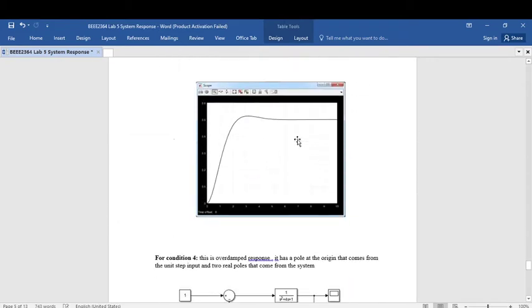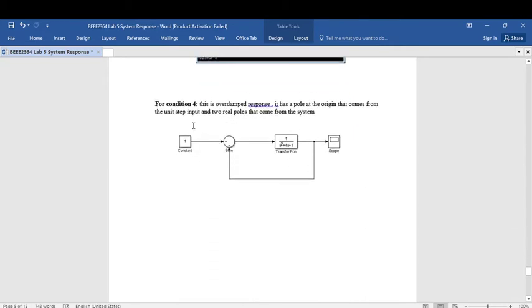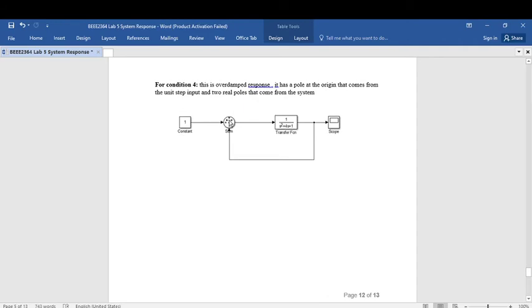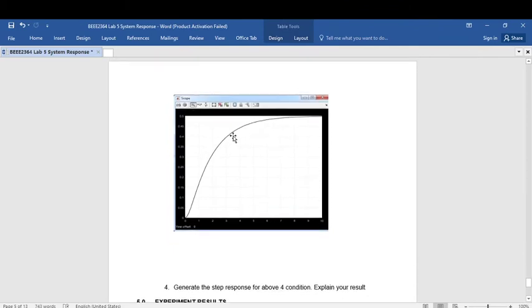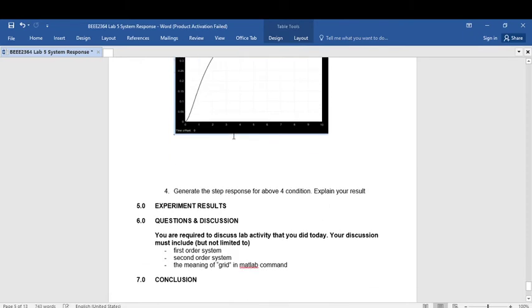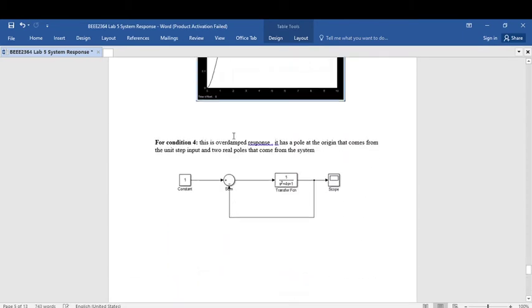So we have the graph that shows the critically damped response, and for condition 4, we have 4 milliohm. So we insert it in the simulation model, and we show the overdamped response.